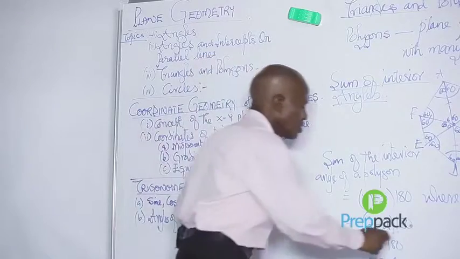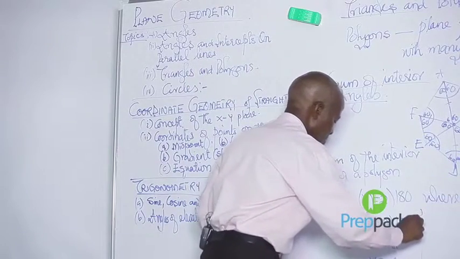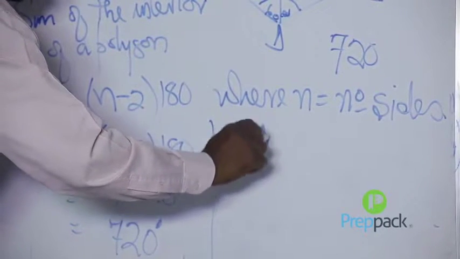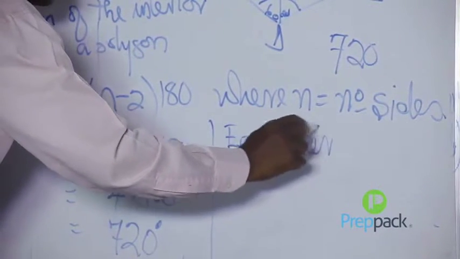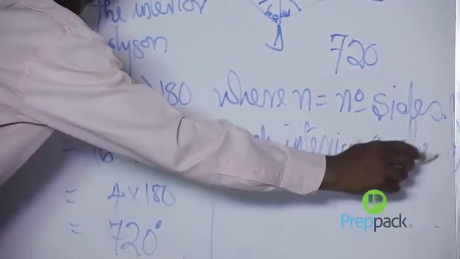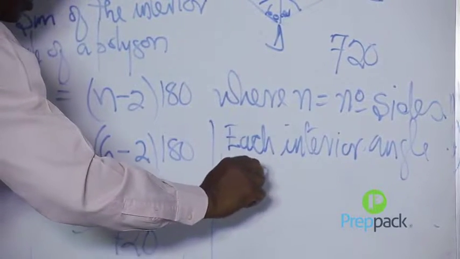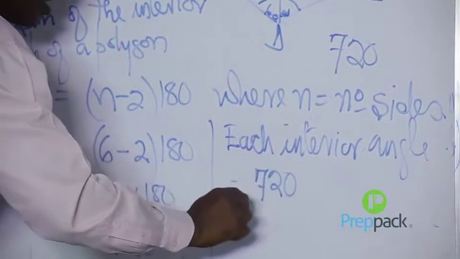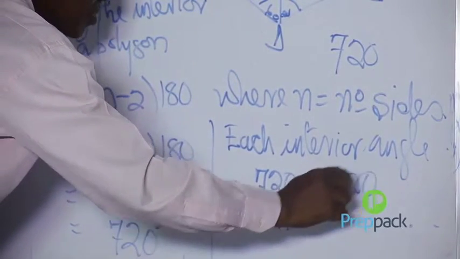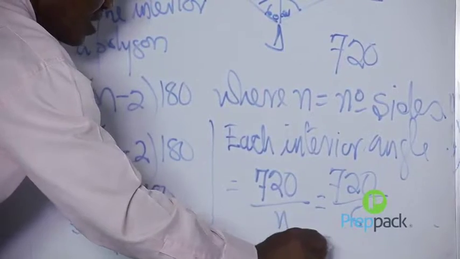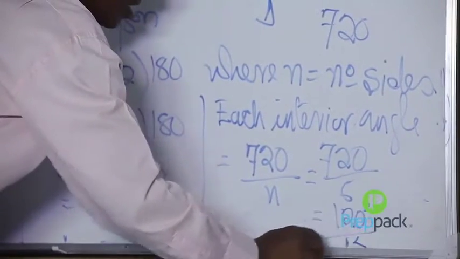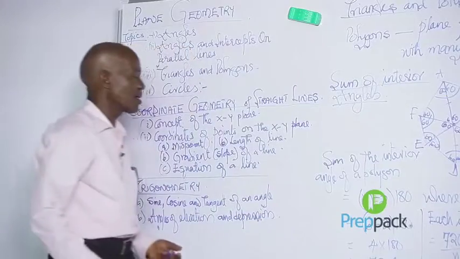So each interior angle is equal to 720 divided by n, which is the same thing as 720 divided by 6. That gives you 120 degrees. That's the way back.